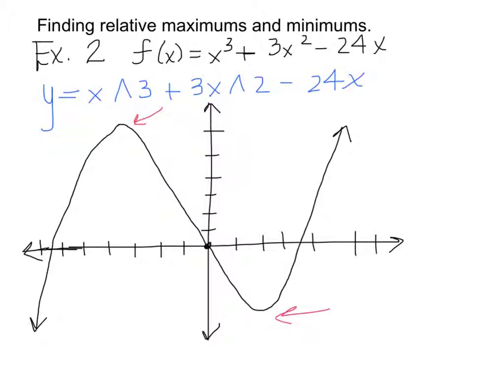Once you can see it, you're going to go to second trace. I'll write this over here. And you're going to hit option 4 for max, because I'm going to do the left one first.